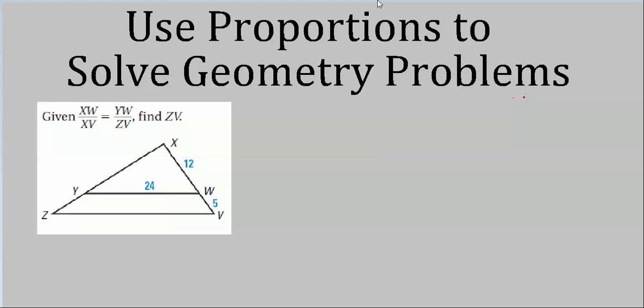So let's start working some geometry problems using these proportion things. What do we got here? They're telling us that the ratio of xw, that's this line here, to xv, that's the big one here, is the same as the ratio of yw, that's this, to zv.